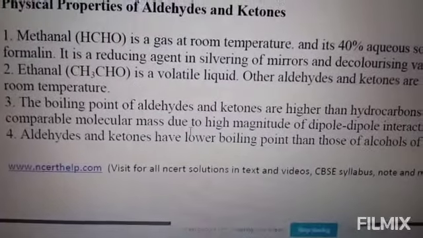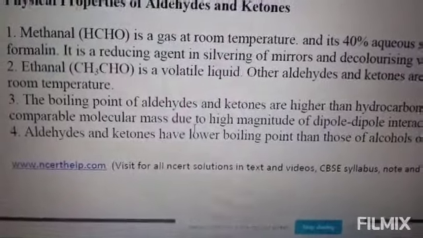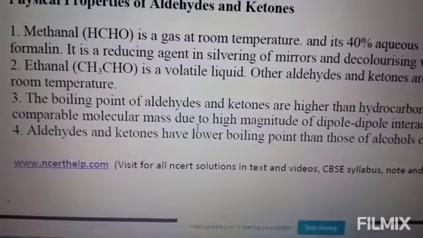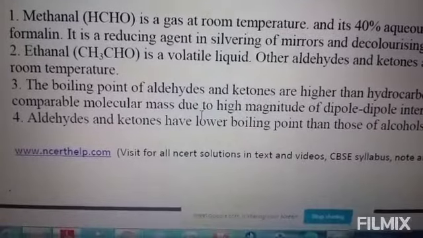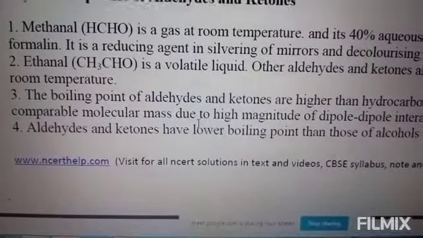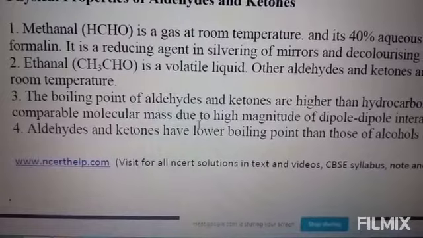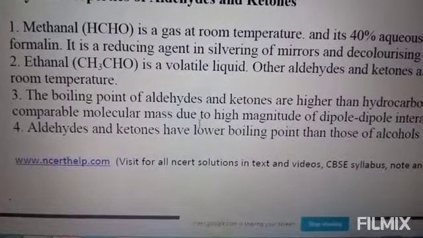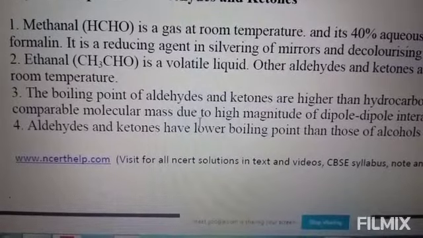That means when we check the functional group in your practical classes, if you take formaldehyde or an aldehyde, mix it with silver nitrate and heat it in a hot water bath, you will get a layer of silver.